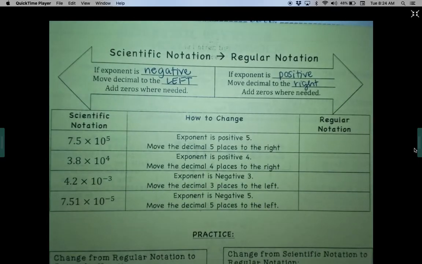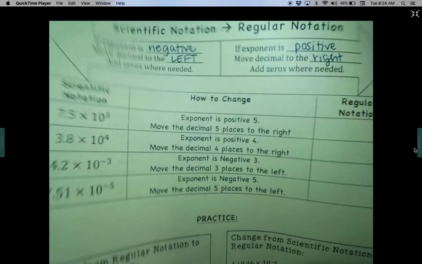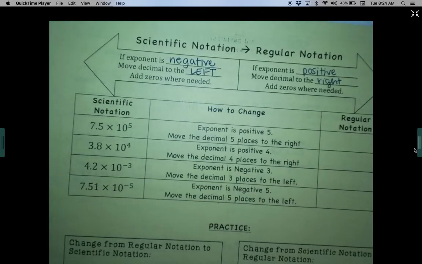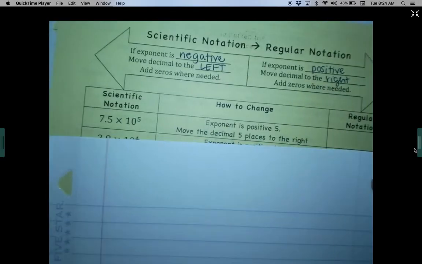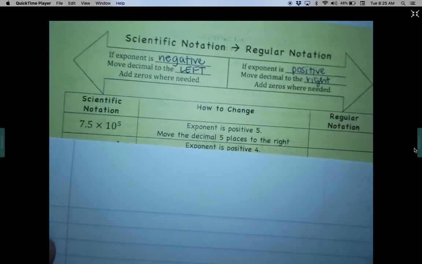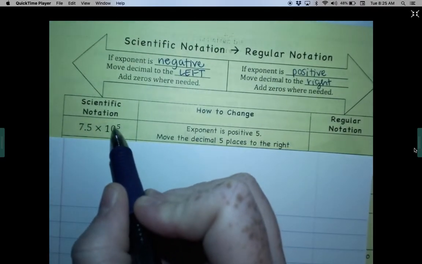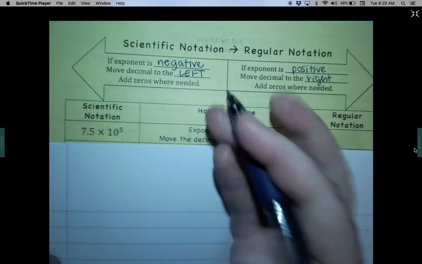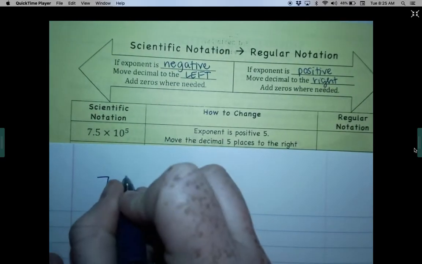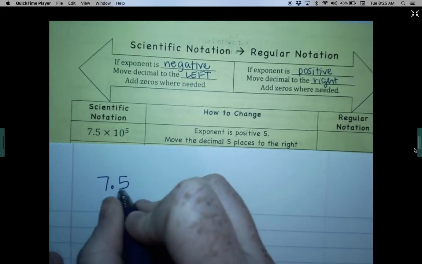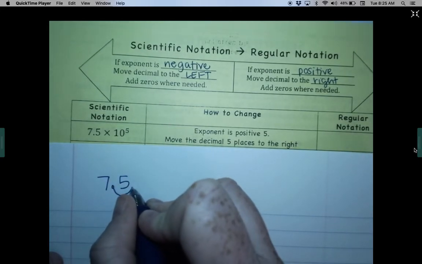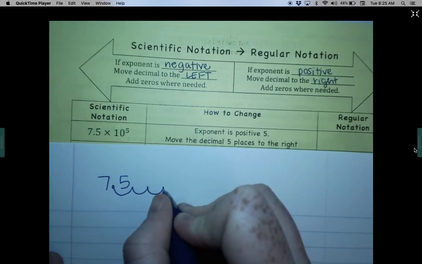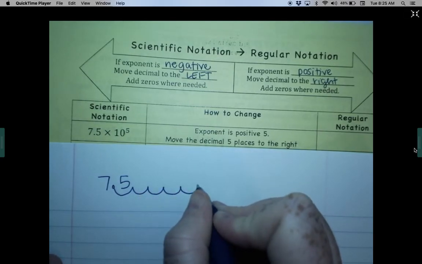So for the first one, we have 7.5 times 10 to the 5th power. So the exponent is positive. This exponent tells you how many places to move the decimal, and since it's positive, I'm going to go to the right. So I have 7.5, and I'm going to move that decimal 1, 2, 3, 4, 5.